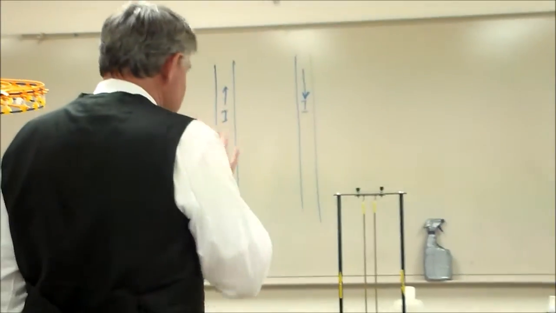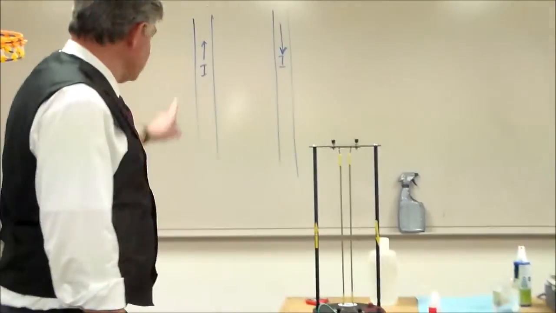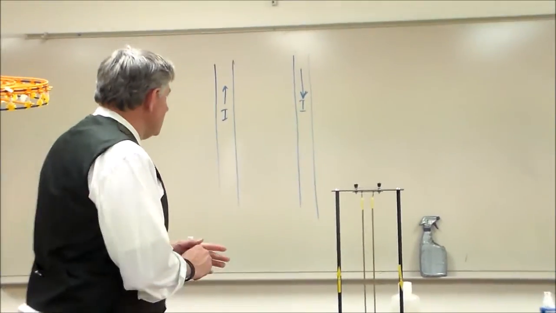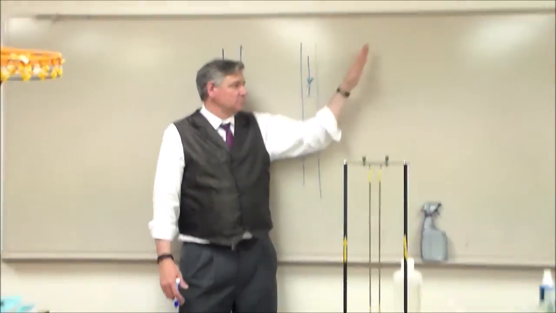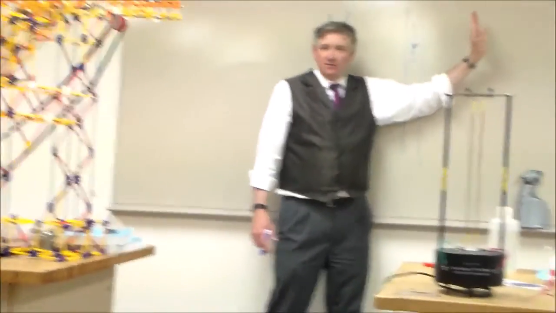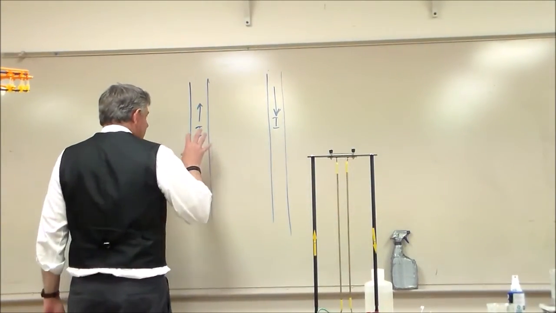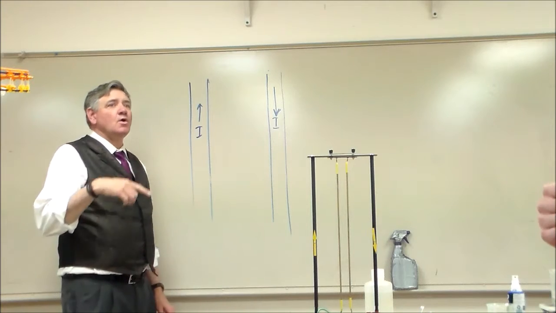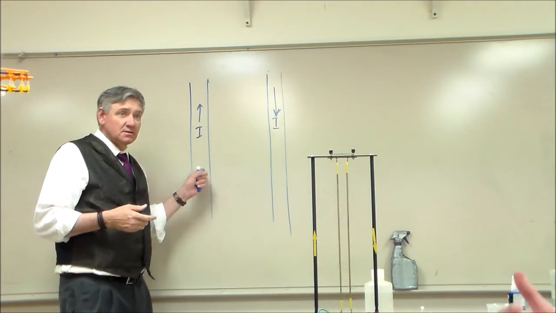So first thing we're going to do, we're going to start with this current over here that's going in this direction. So just act like this isn't even here, okay? It's gone. Do not worry about it. So if I just said, here's this current, what's the direction of the magnetic field associated with this current?